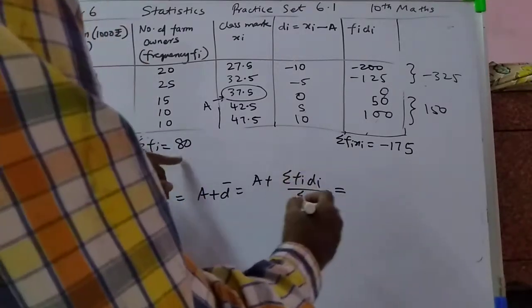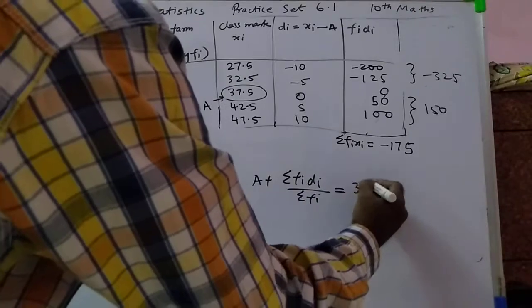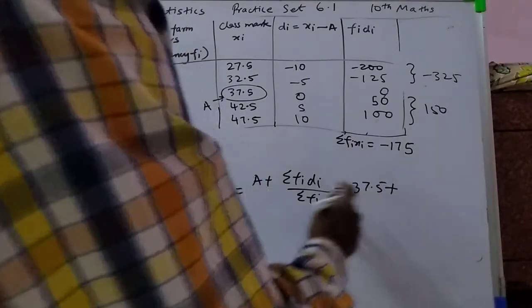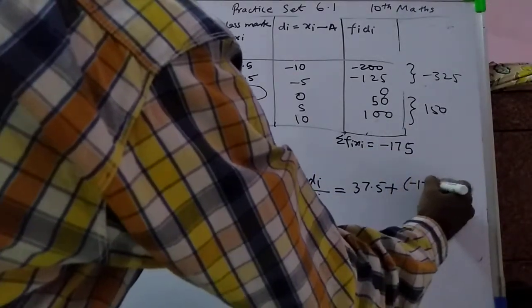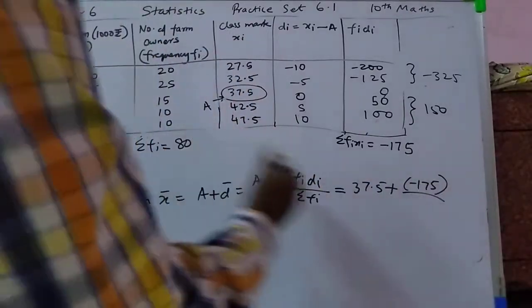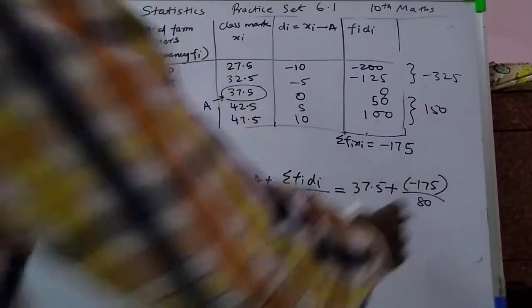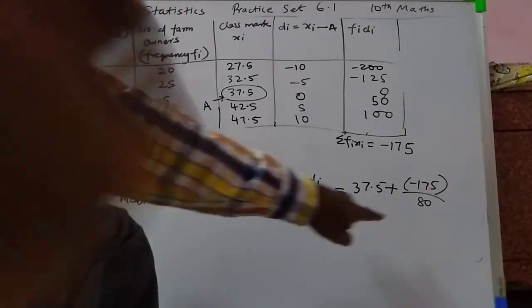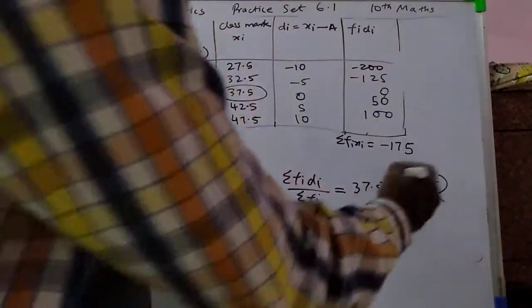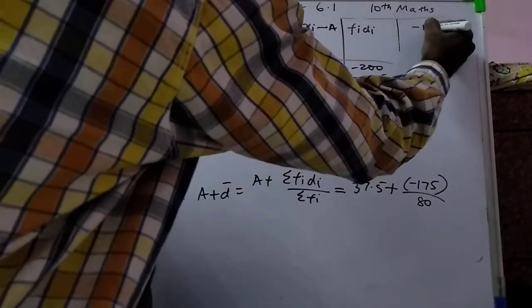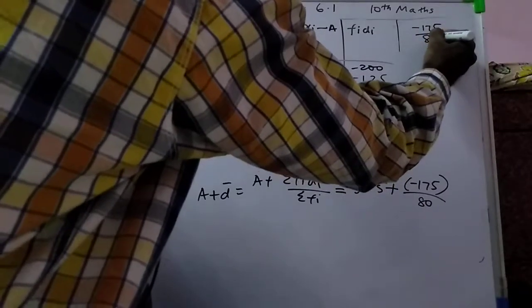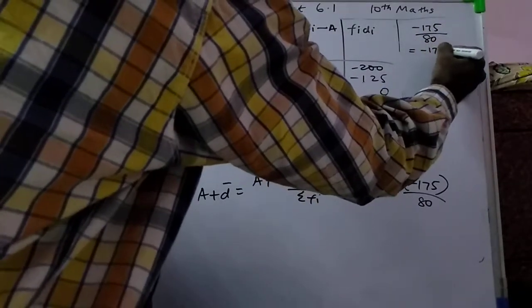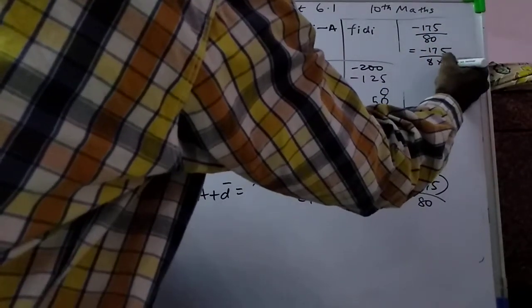That is equal to 37.5 plus minus 175 divided by 80. You have to calculate that. So this is minus 175 upon 80, that is minus 175 upon 8 into 10.